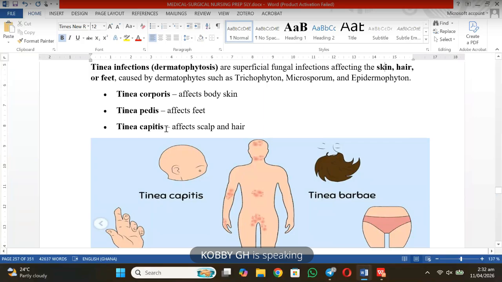When we say tinea capitis, it is a tinea infection that affects your scalp and then the hair. Okay, that is the difference.